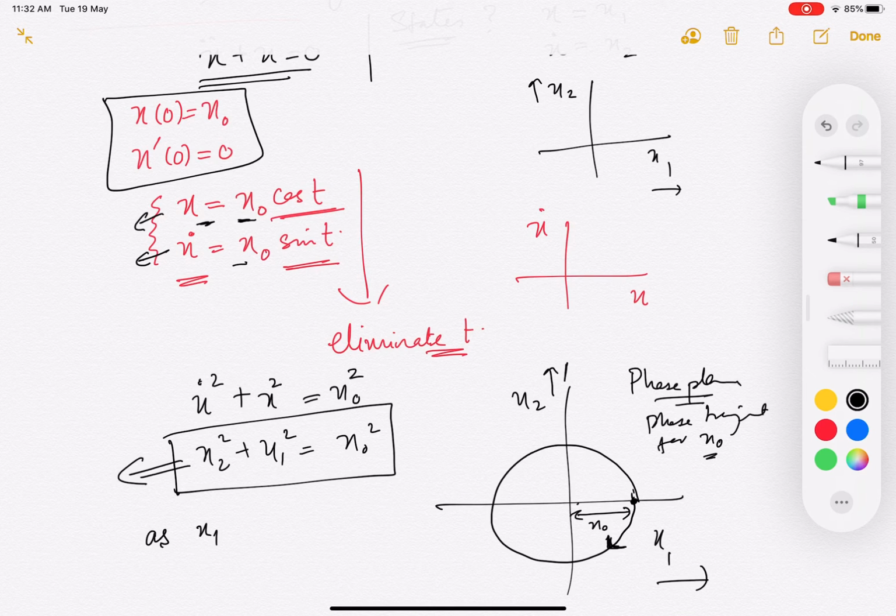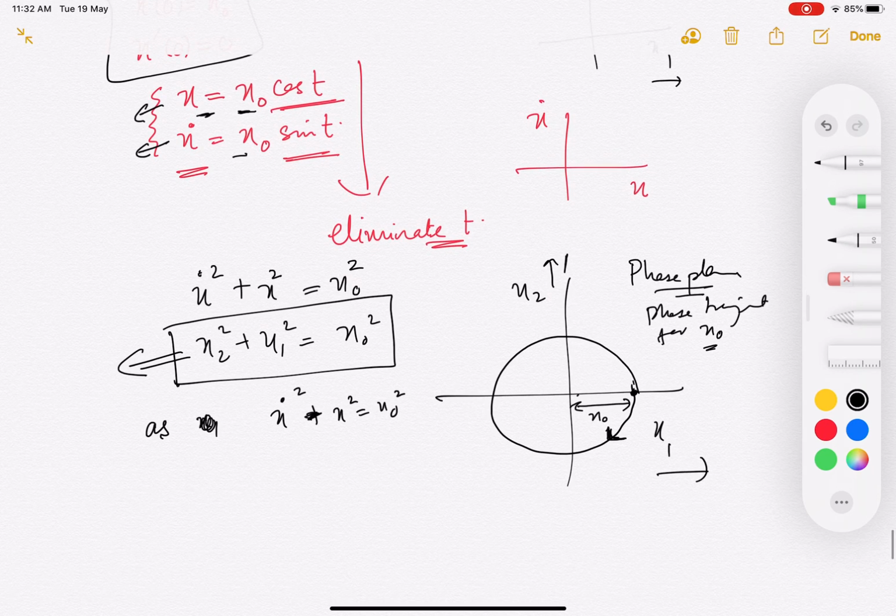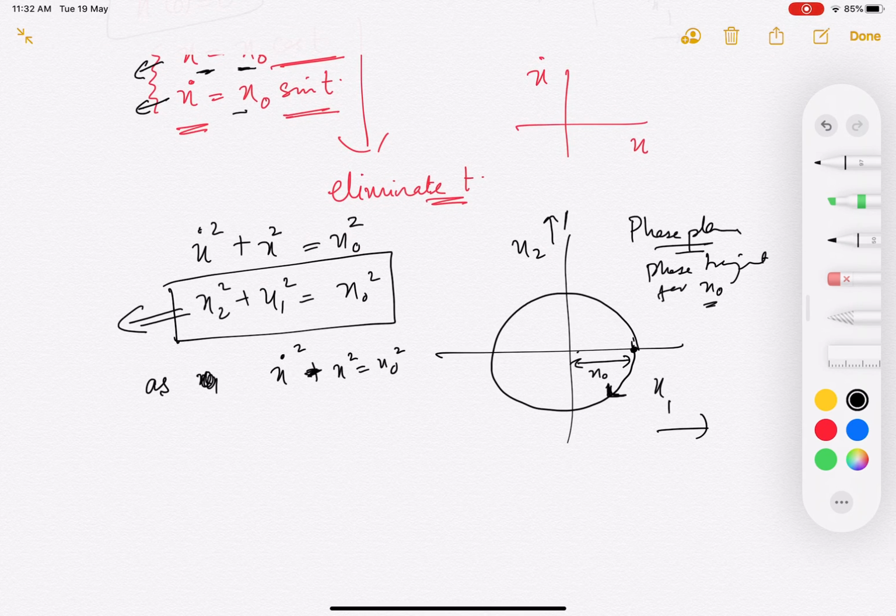x1, because we have written x dot scale plus x scale is equal to x0 scale. So as the velocity becomes more and more negative in this case, the displacement has reduced.